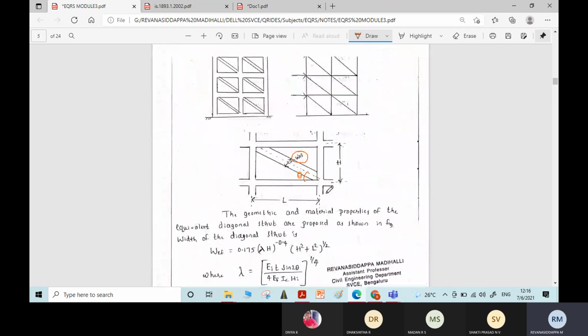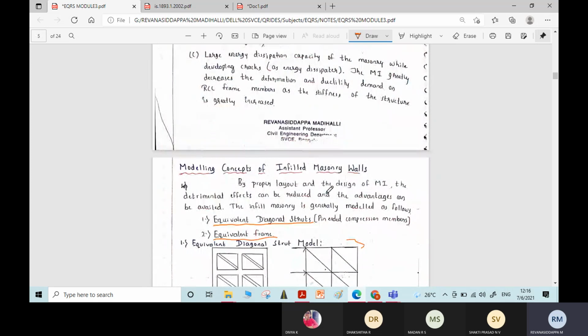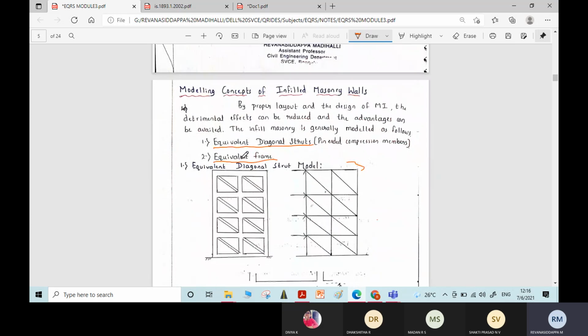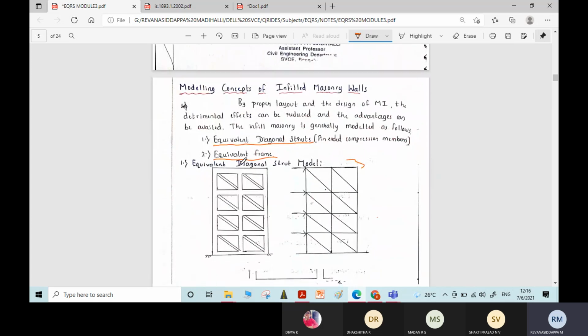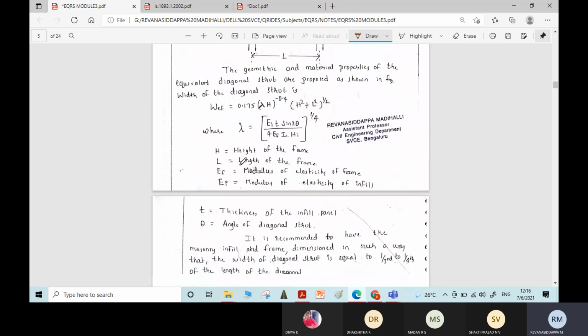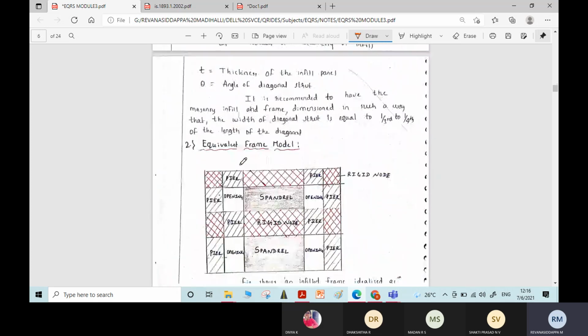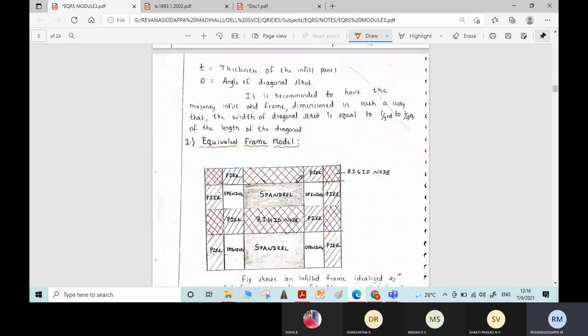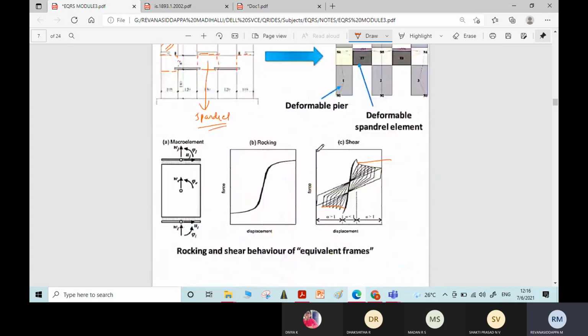This is very important for your external examination. Many times this has been asked. If it is asked, you need to explain both methods, equivalent diagonal strut and equivalent frame. It is very simple to explain, and you need to write neat diagrams.